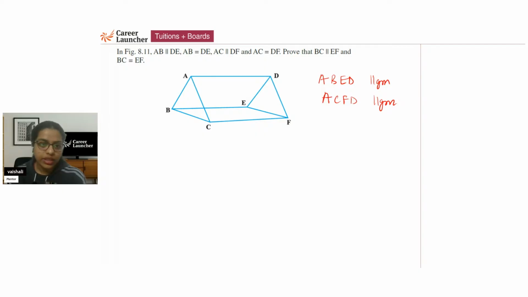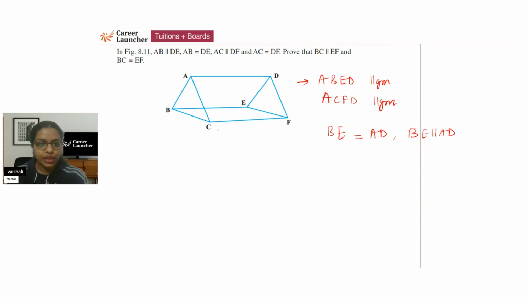Right? Now what else? In this case, now you will think, what about BE and AD? Right? What can you talk about BE and AD? If I am saying that ABED is a parallelogram, so BE should be equal to AD and parallel too. Opposite sides are parallel.